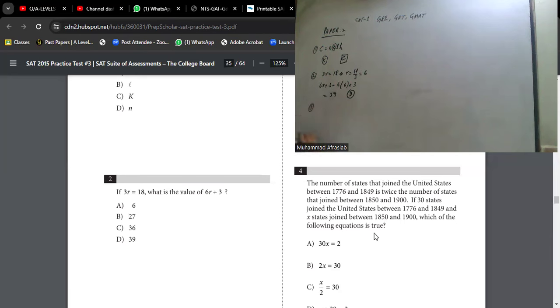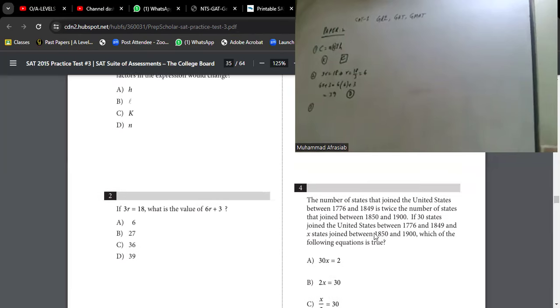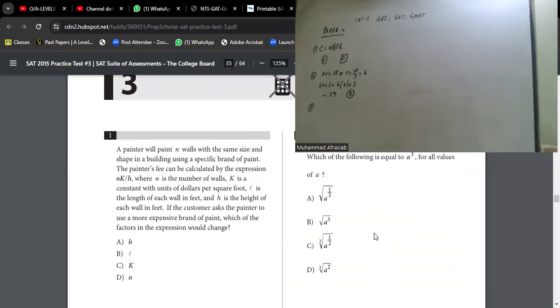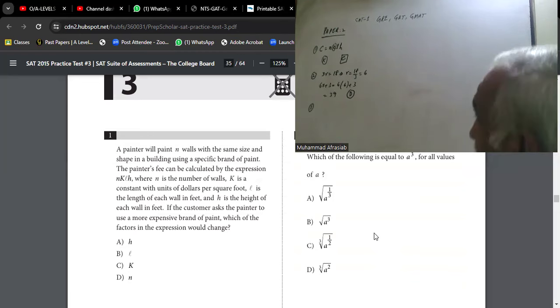Then question number 3. Which of the following is equivalent to a power 2 by 3 for all values of a?